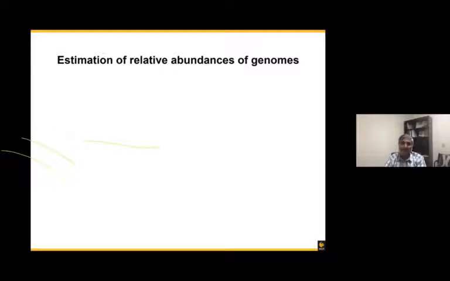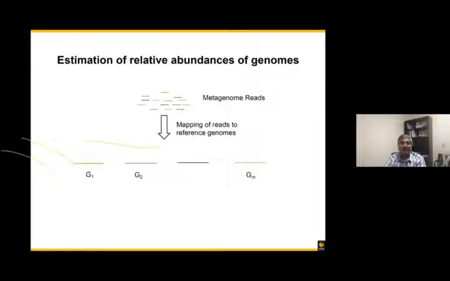So the first step is estimating relative abundances of genomes, and it's a simple process. We take the reads and map them to reference genomes, right? And then our goal was to use this information to compute relative genome abundances, or to figure out how many copies of each of these genomes are in the sample.